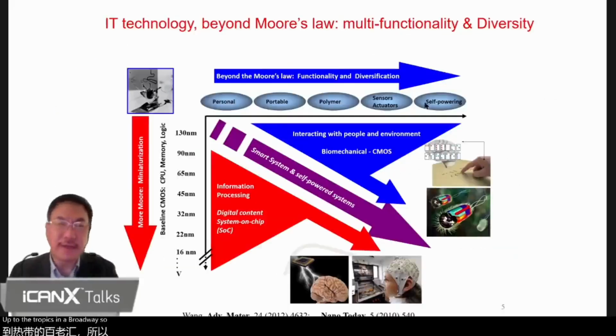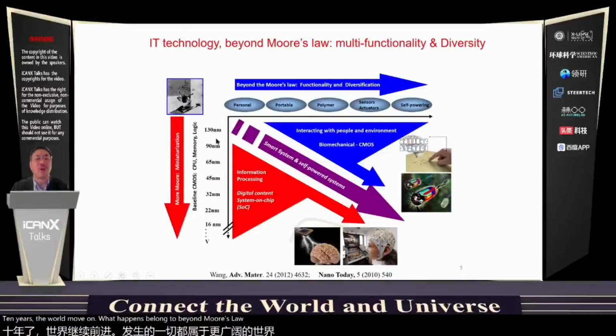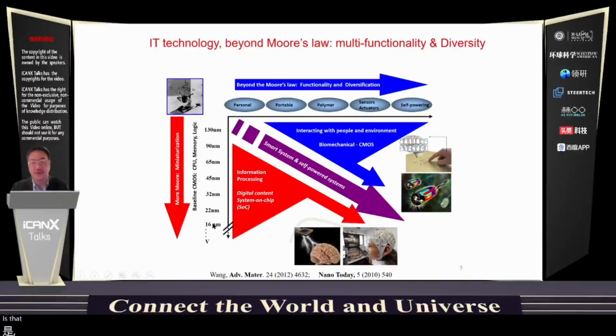In the last 10 years, the world moved on to what is beyond Moore's law. We know one day Moore's law will reach the limit. Is that the end of the world? The answer is no. Beside the speed, we look into functionality.